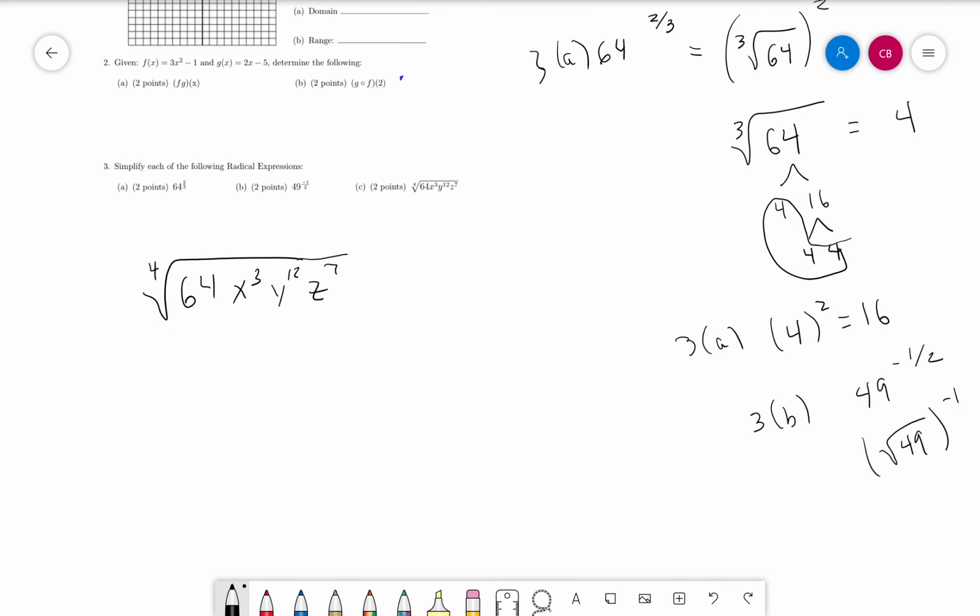And so the 4th root of 64, let's look at 64. 64 we said earlier was 4 times 16. This is 2 times 2. This is 4 times 4, which is 2 times 2, 2 times 2. So we've got it broken down into 6 2s. So this is just 2 to the 6 technically. Yeah, that's good.